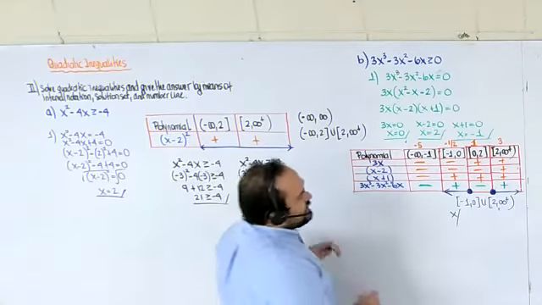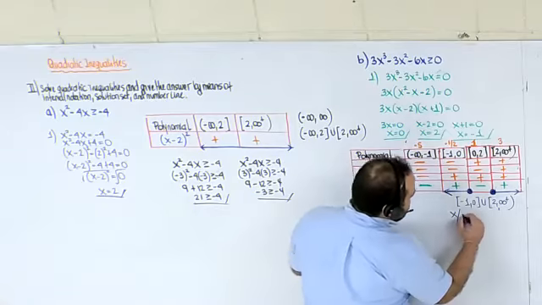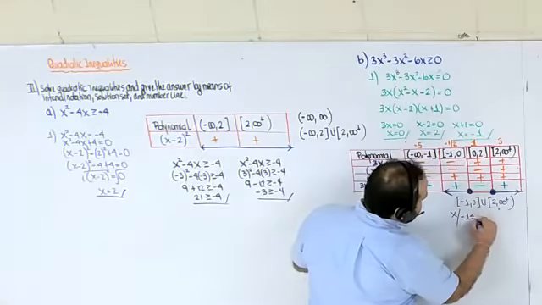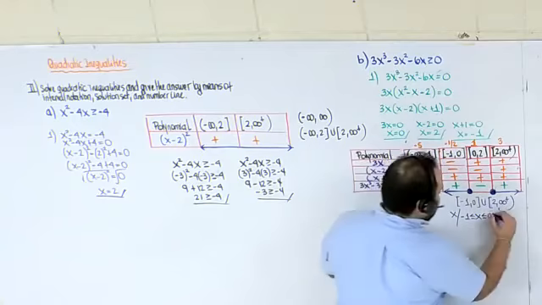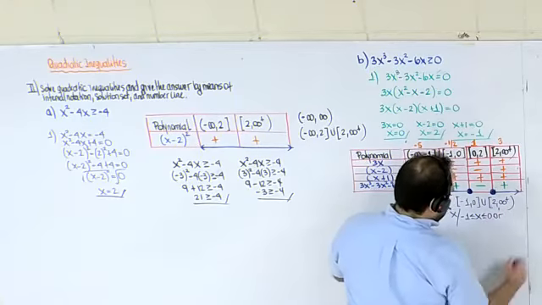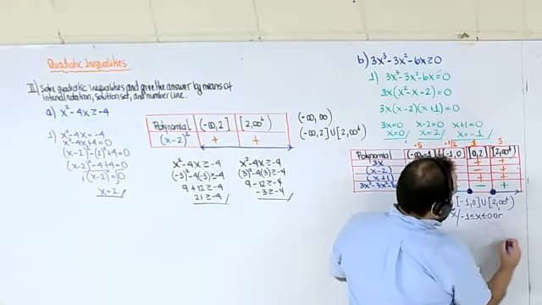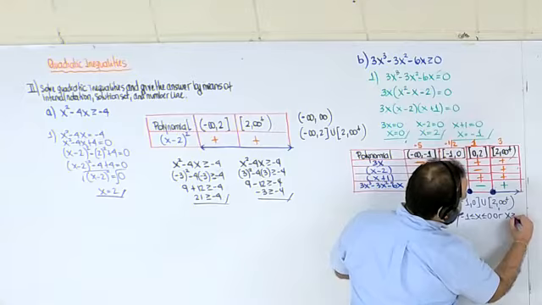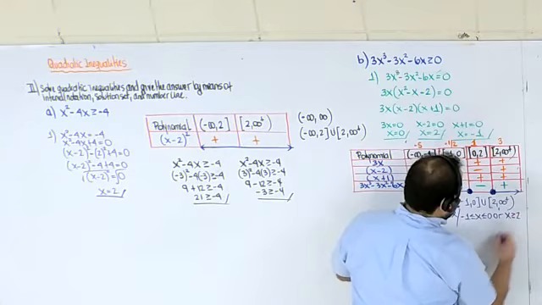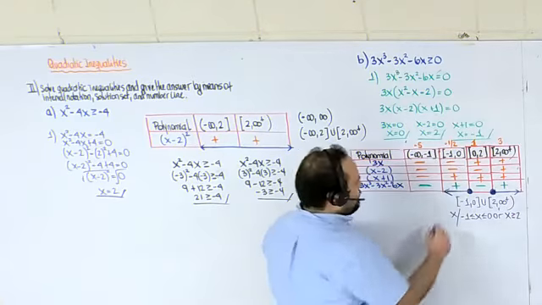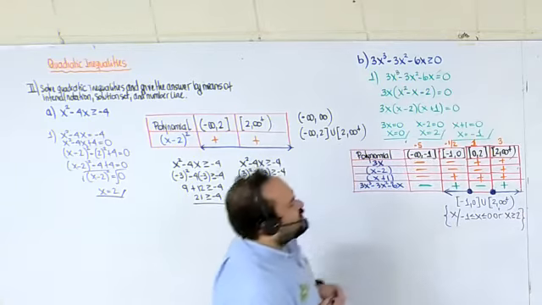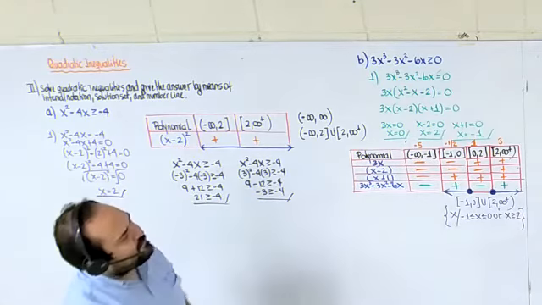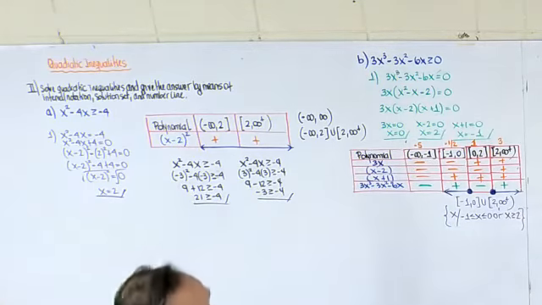So we can say this one: -1 less than or equal to x less than or equal to 0, or x greater than or equal to 2. This is going to be the solution set. Questions?